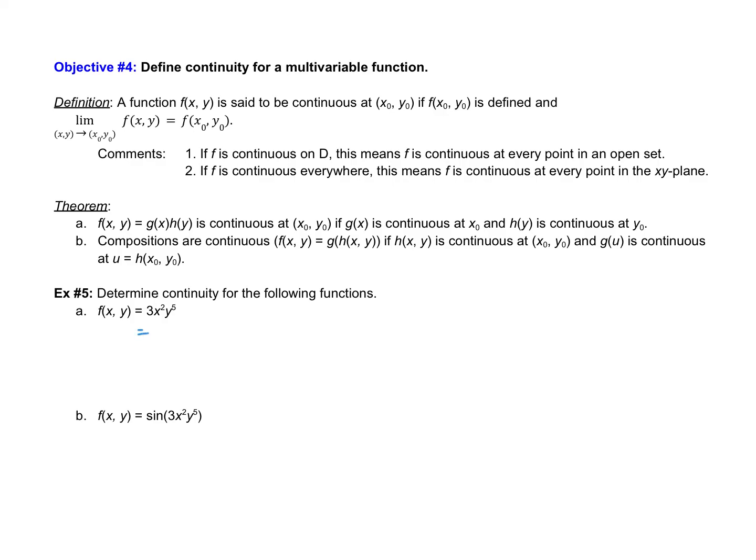So this first example, we can write this as a function of x multiplied by a function of y. Our function of x is 3x squared. Our function of y is going to be y to the 5th. And so what we notice is that g of x and h of y are continuous everywhere.